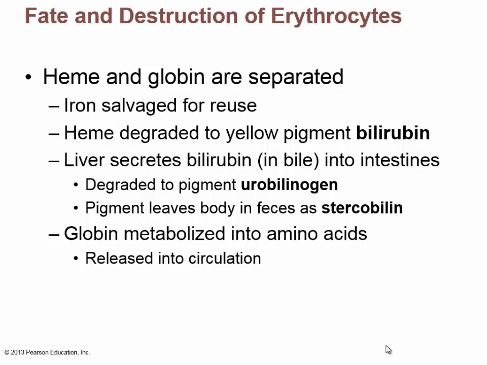However, that pigment leaves the body in the feces as another pigment. Any guess what color this pigment is? Brown. So that yellow bilirubin eventually gets broken down, turning from one pigment into another pigment, into another pigment, and eventually turns into stercobilin, that brown pigment, and leaves in your feces, and that's what makes your feces brown.